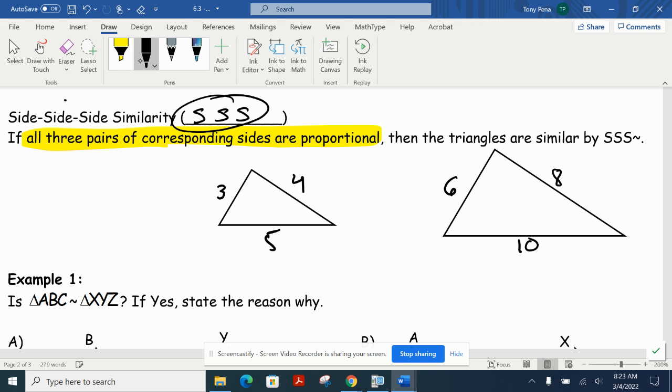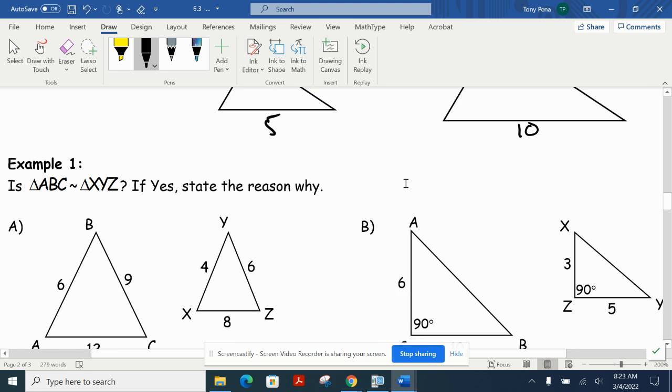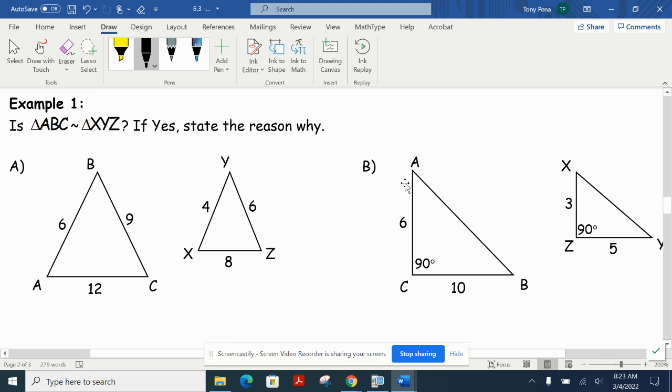Okay, so if we know all 3 sides are proportional, then we know that these are going to be similar triangles. So as we go through all of these, I'll write this down where we can kind of see all of them. It's either angle, angle, side, angle, side, or side, side, side in order for us to justify any of these.